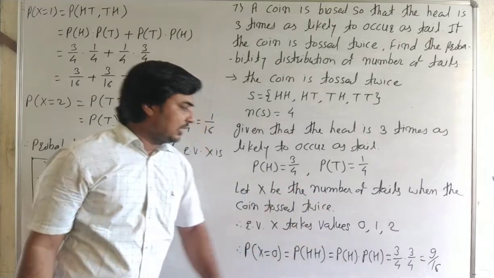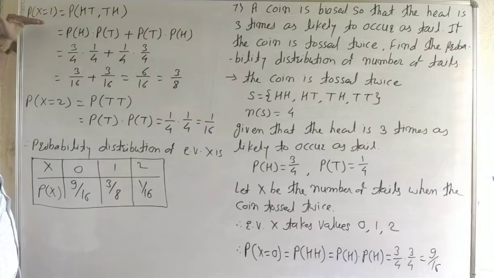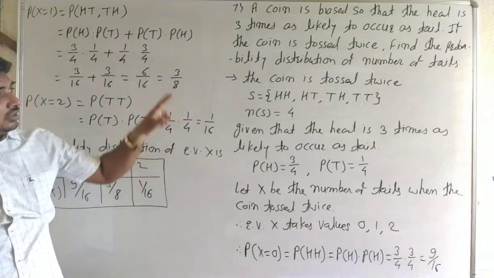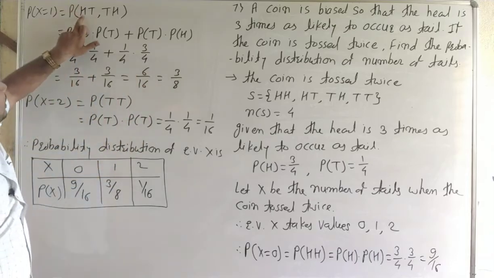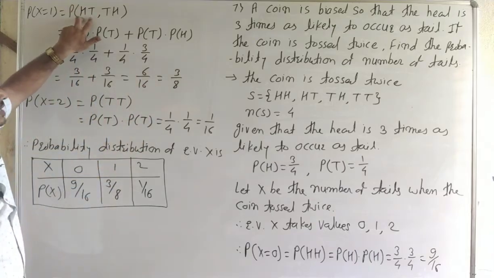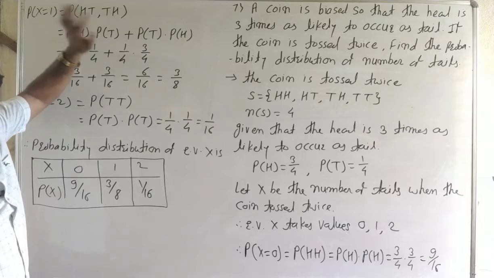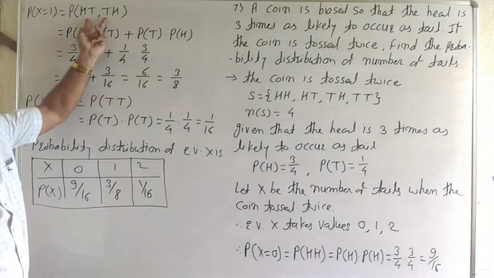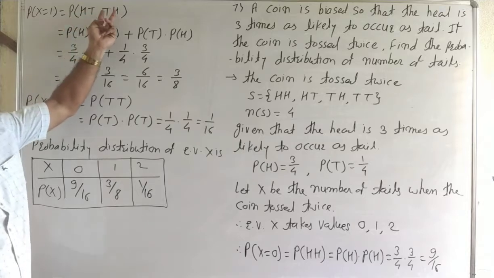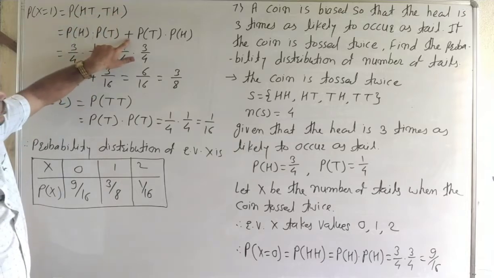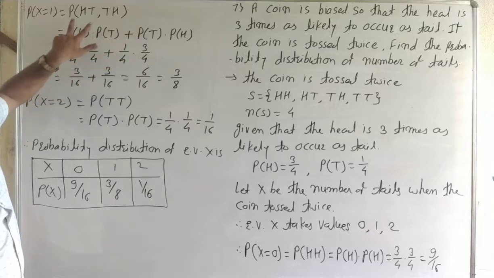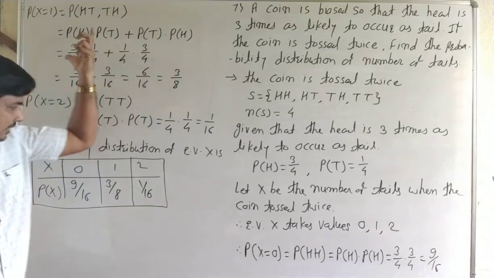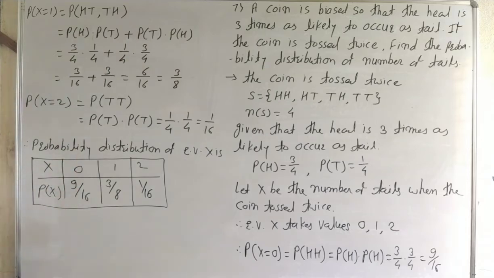Here it is a multiplication. When X is equal to 1, meaning 1 tail, there are 2 possibilities: first chance head and second chance tail, or first chance tail and second chance head. Therefore HT or TH. Here we use the principle of addition, and for H and T, T and H we use the principle of multiplication. That is the solution. See carefully.